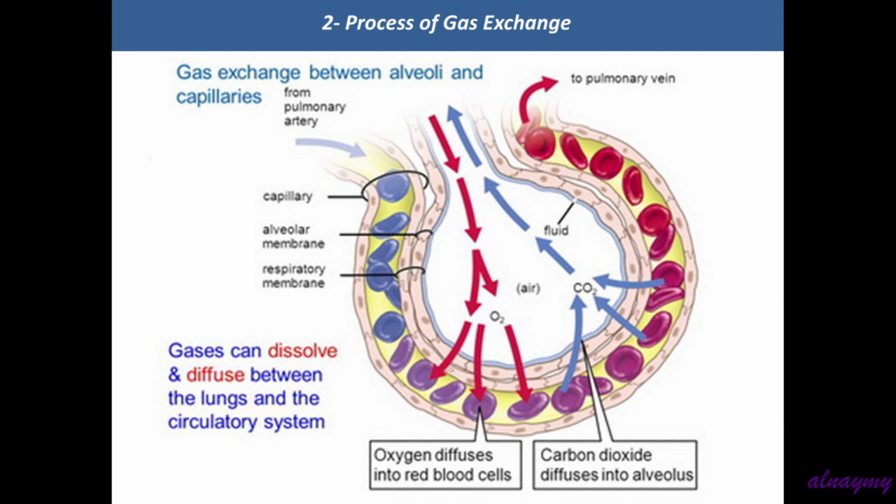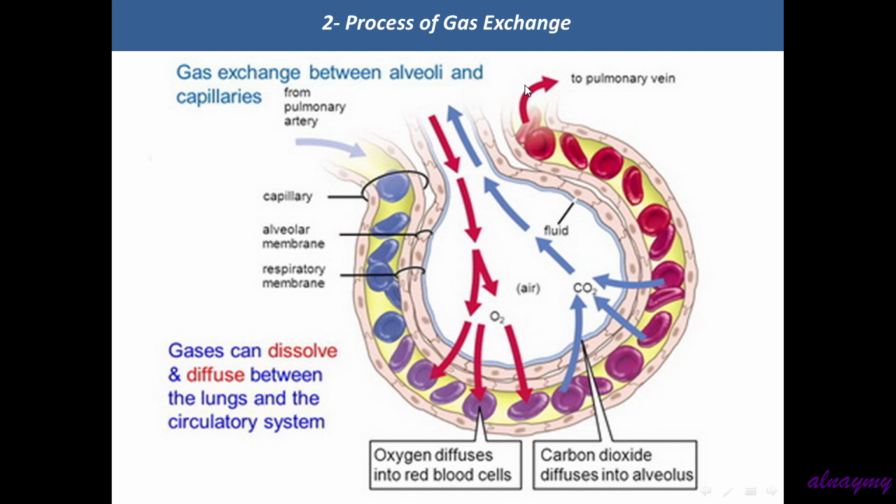Another possible question here, if I can ask you: as you see at the top here, it says pulmonary artery. Okay, pulmonary, I didn't give you this. This name is not important. Important is the artery and vein. The artery here brings the blood. Don't forget that this air sac is in the lung. That means this artery is bringing the blood out of the heart to the lungs to get oxygenated.